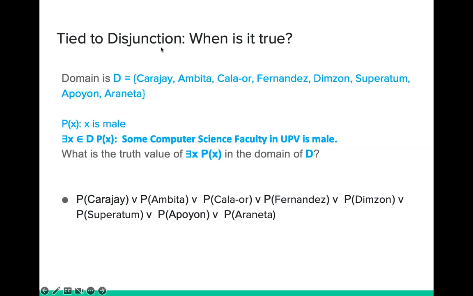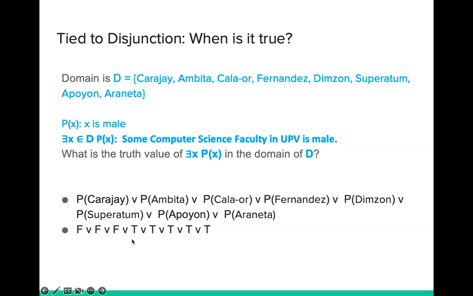As we have mentioned, it is tied to disjunction. We simply have to replace the x with all elements of D. So we have P(Karahay) or P(Ambita) or P(Kalaor), and so on. Replacing x with a certain value, we can have a truth value. So P(Karahay): Karahay is male, and we know that it is false. P(Ambita): Ambita is male, and it is also false.